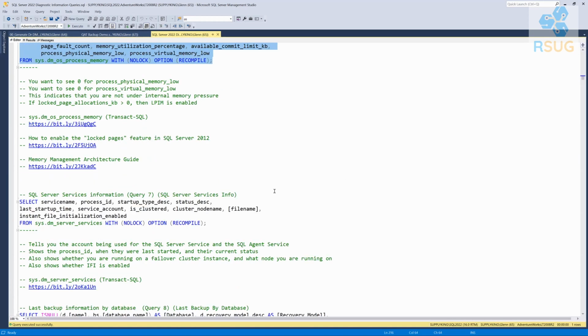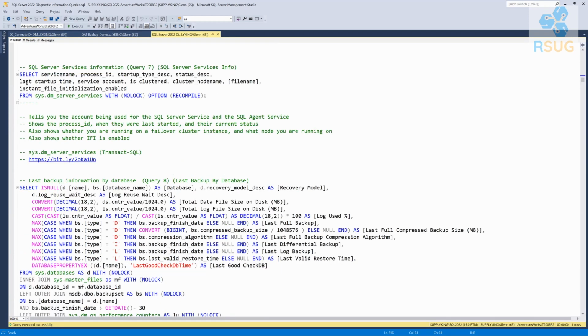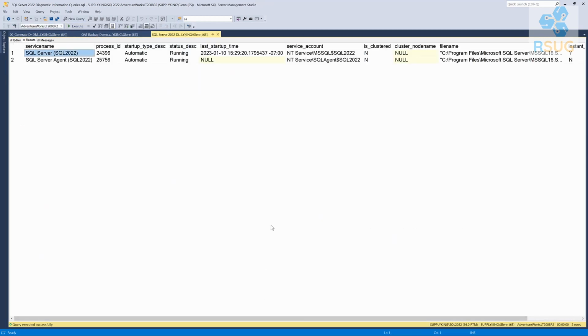So then the next one is going to show us stuff about our services. So the database engine and SQL Server Agent. And it tells you what's going on with them. And here's the important thing. How long has it been since SQL Server was last restarted? Because you need to know that when you're interpreting some of the other queries later on. Have you been running for just a few hours or a day or two, or has it been 6 months?